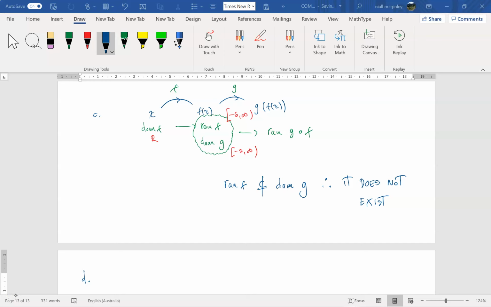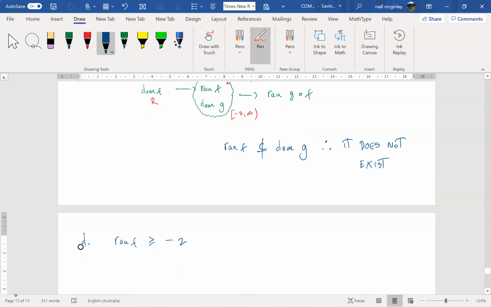Again, the reason it's not working is because we're getting values such as -6, -5, -4. I mean, you're not just talking about integers. For it to exist, the range of f must be greater than or equal to -2. So we need to change these values so that they all fit in here. That's the biggest range that we can have.